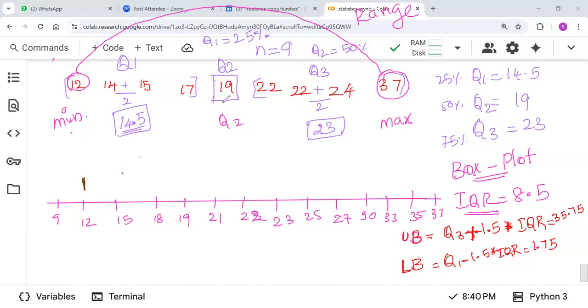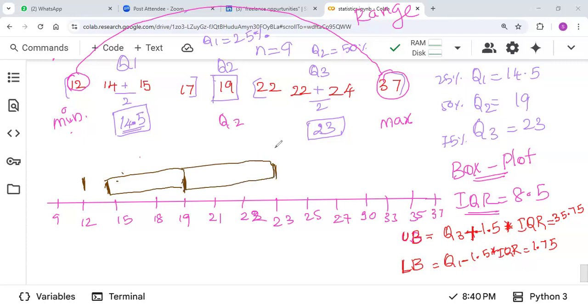Okay, so let me plot. Q1 is 14.5, right? 14.5 would be coming here. And Q3 is actually 23, right?